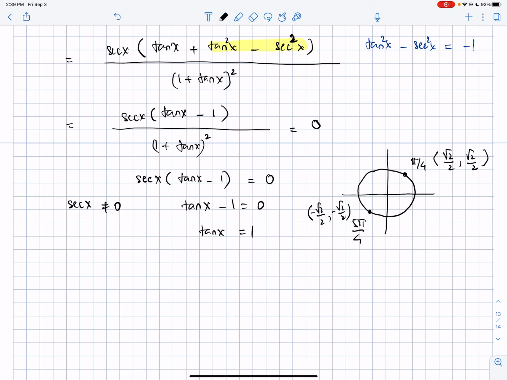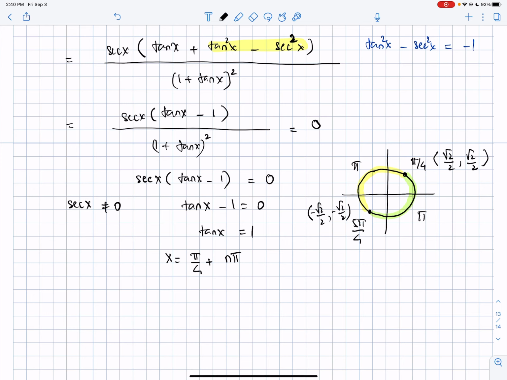So we have these 2 points, and because they're in a special position, going from one to the other is pi length. And also from 5 pi over 4 going to pi over 4 is pi length. So I'm going to choose the smaller one. So x equals pi over 4 plus n pi.